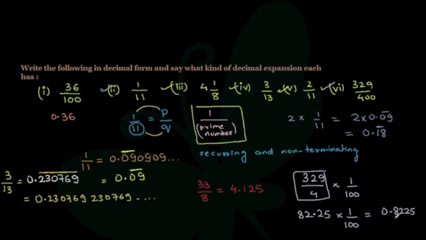And as you can see, the decimal expansion terminates after 4 places of decimal. So yes, it's a rational number, obviously. I hope you got all these 6 decimal expansions.